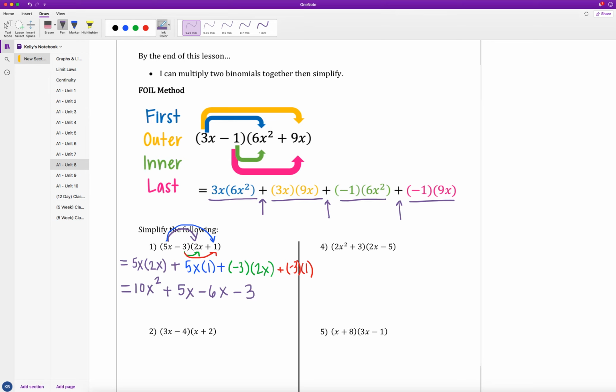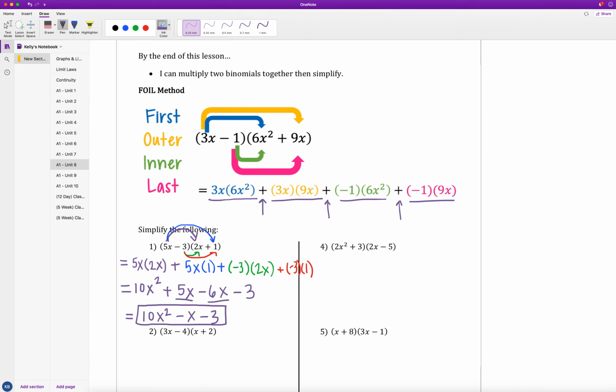Now that we've simplified each term, I want to combine any like terms that I have. In this case, the 5x and the -6x are like terms, so I'll end up with 10x squared minus x, since I had 5 of them minus 6 of them, minus 3. And that will be our final answer.